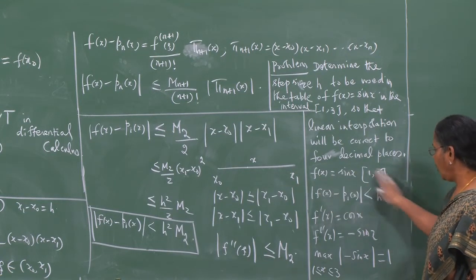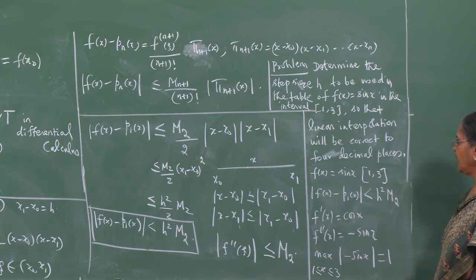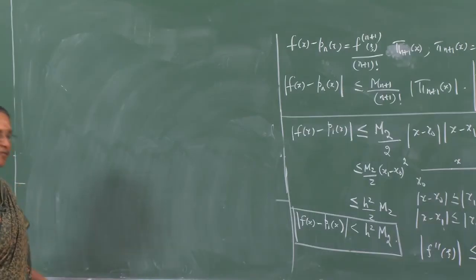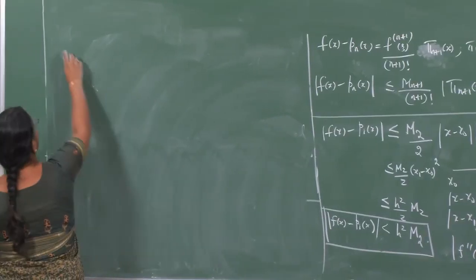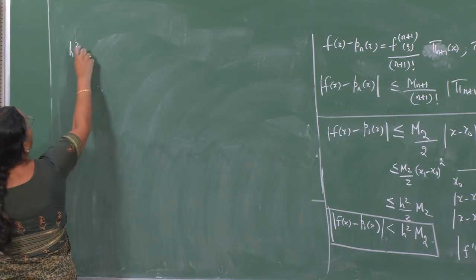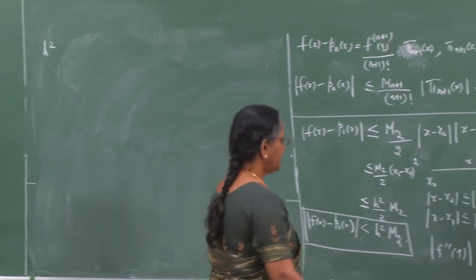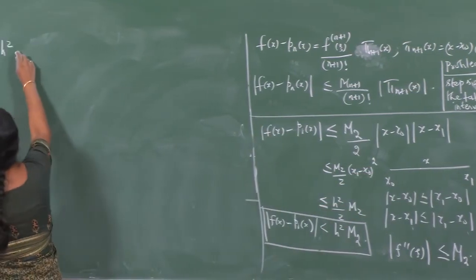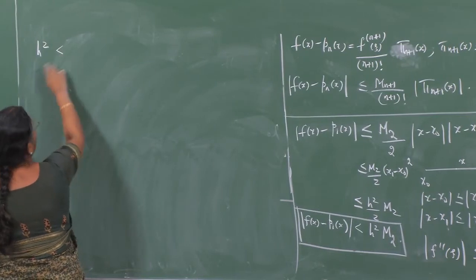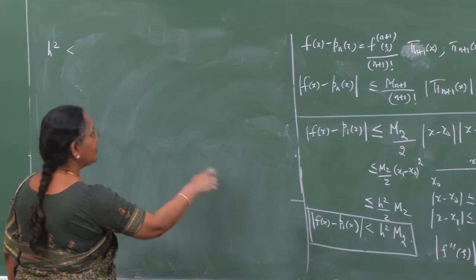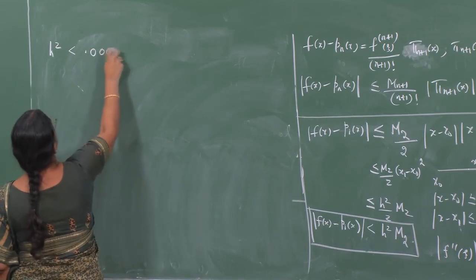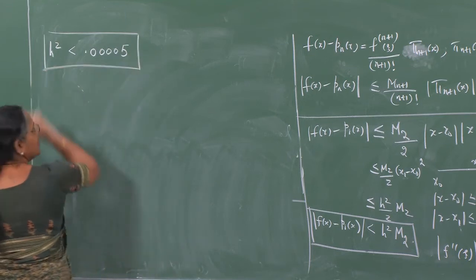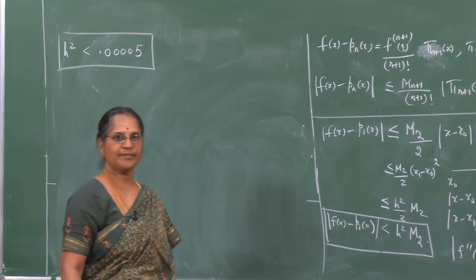So, we have all the information that is required, so that we will be able to answer this question. We get h square into m2, which is 1, that must be less than or equal to 0.00005. From here one can compute the value of h.